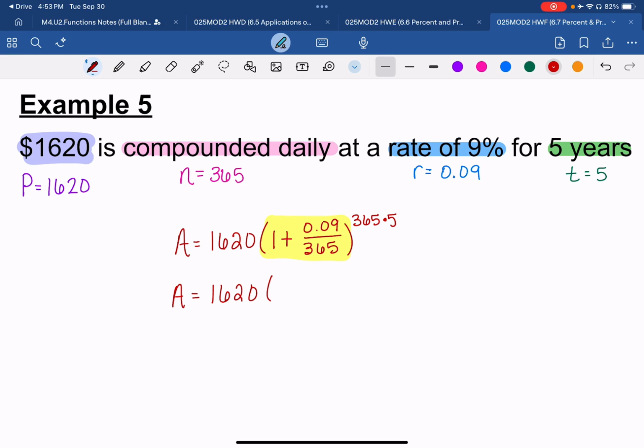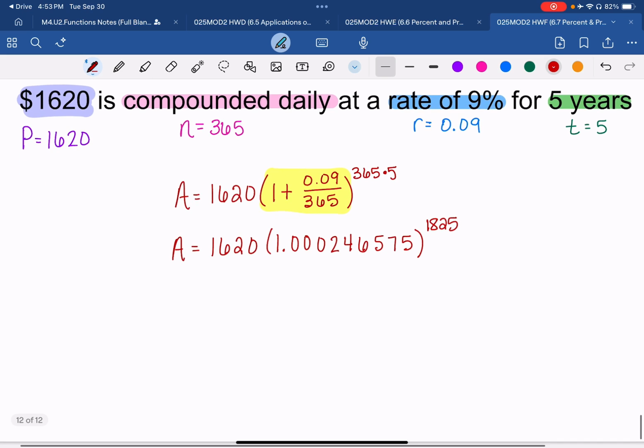This one's going to give you a fairly large decimal. Don't round it. If you round that, it's going to mess your answer up. I'm going to put the whole thing. Okay. Then 365 times 5, 1825. Then I'm going to put that in my calculator, and I get $2,540.52.